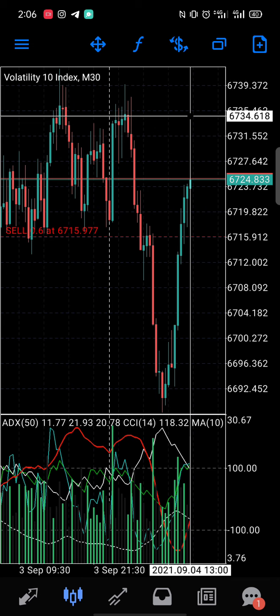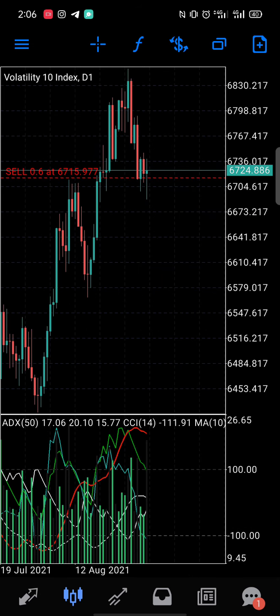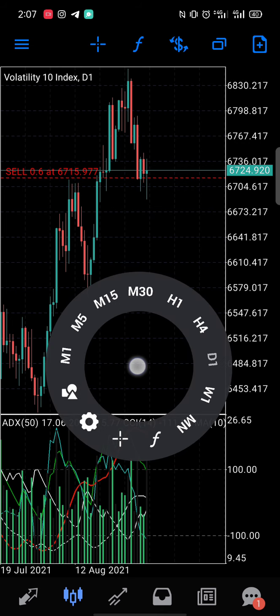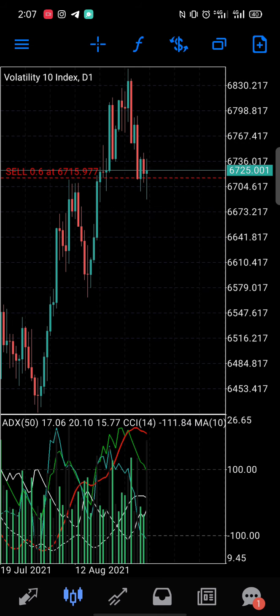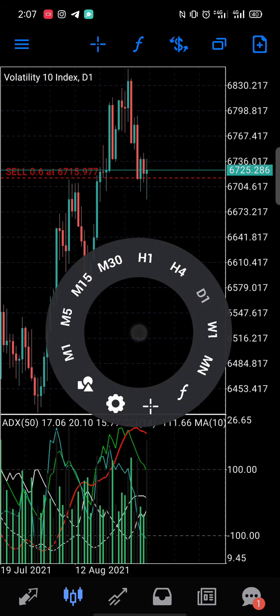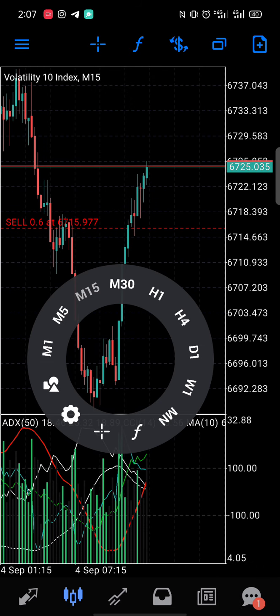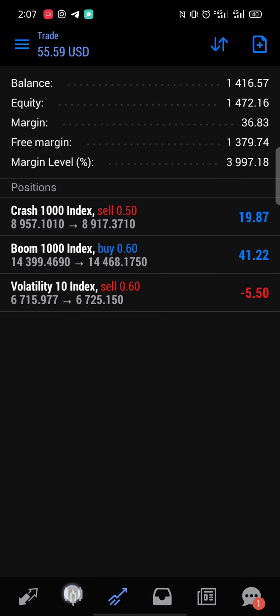Analyzing this market, guys. This volatility 10 index, it's a buy now. It has hit the stop loss. I'm going to stop the loss for the trade.